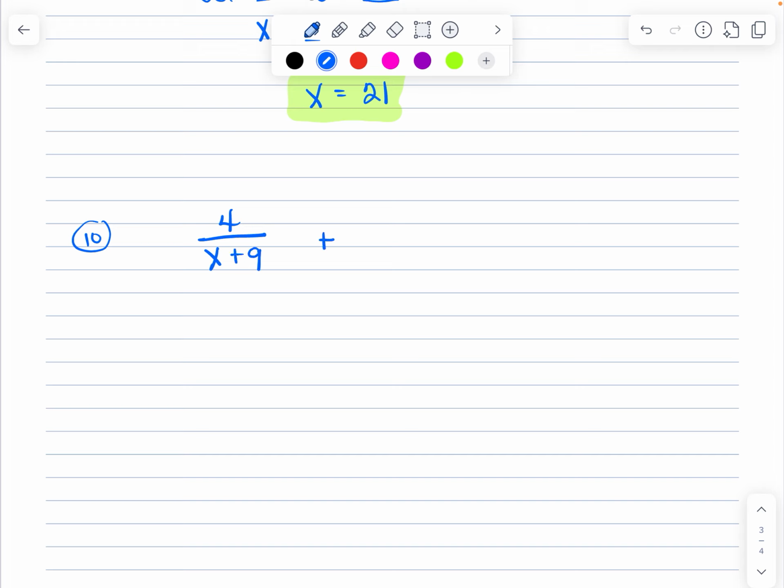4 over x plus 9 plus 9 over x plus 8 equals 7 over x squared plus 17x plus 72.